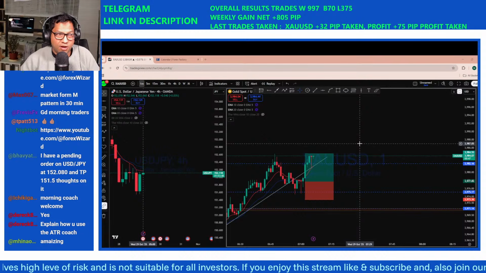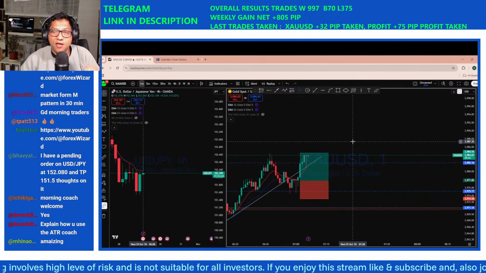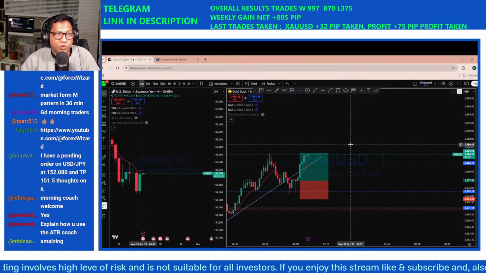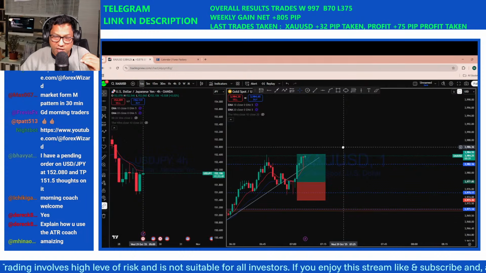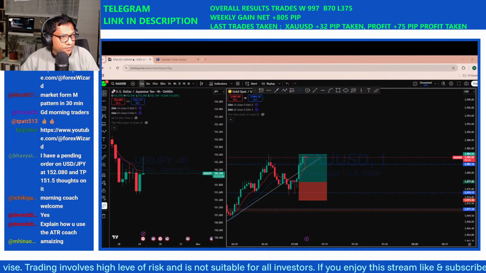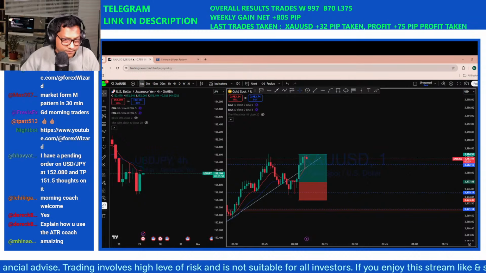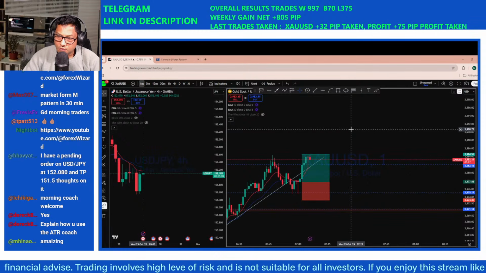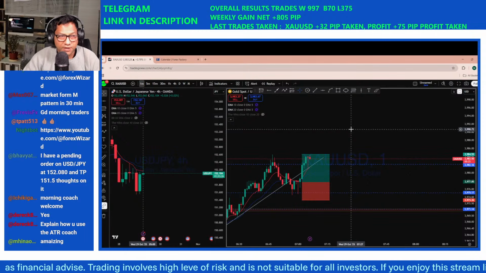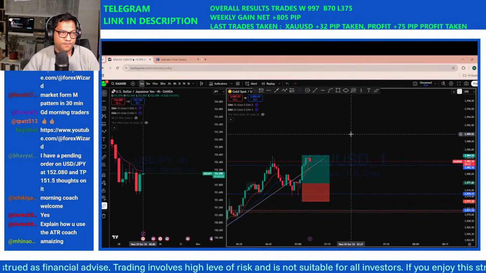Keep the profit in your account by not overtrading, by not FOMO trading, but by trading with risk management and trading with the trend. Let's take a deep breath, okay? And then look for the next one.